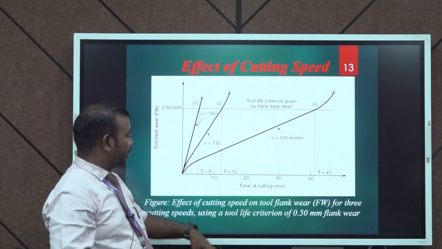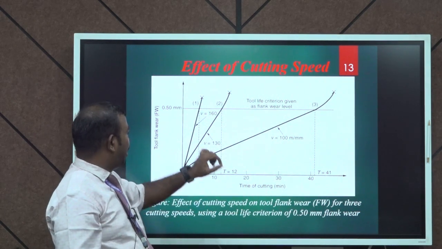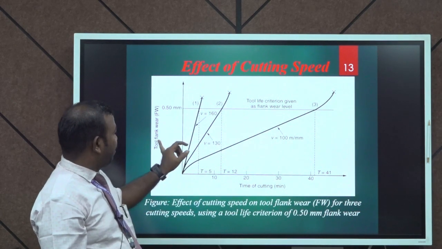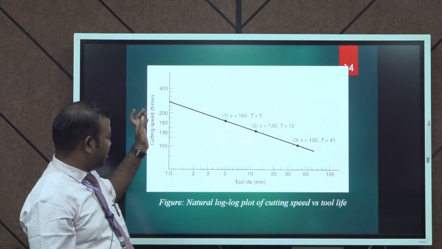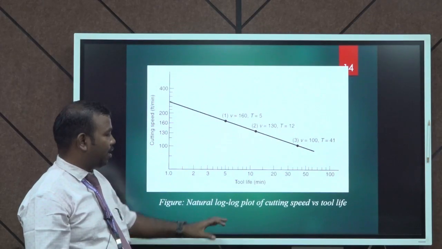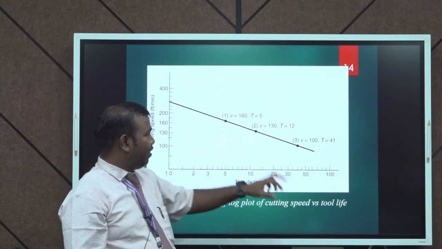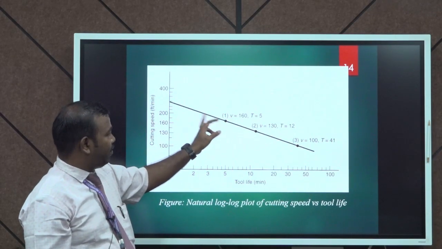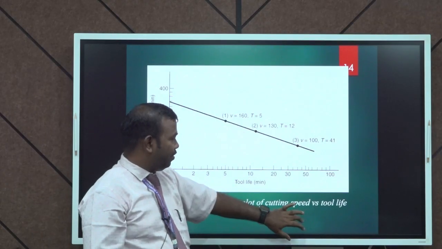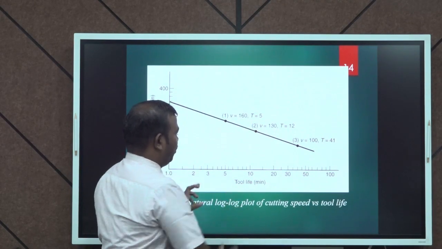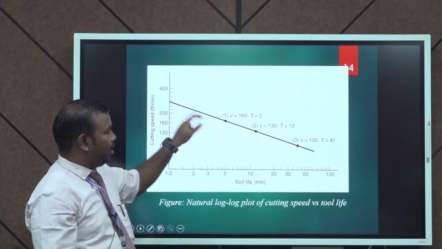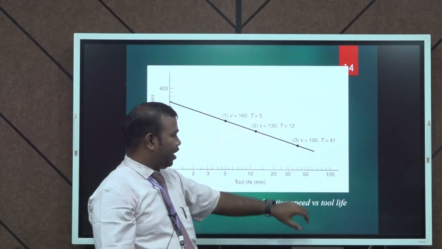This is the graphical representation of the cutting tool equation with the effect of different cutting speeds, a logarithmic plot of cutting speed versus tool life. Here we can see the different cutting speeds with the tool life. If we increase the cutting speed, the life of the tool is very low.